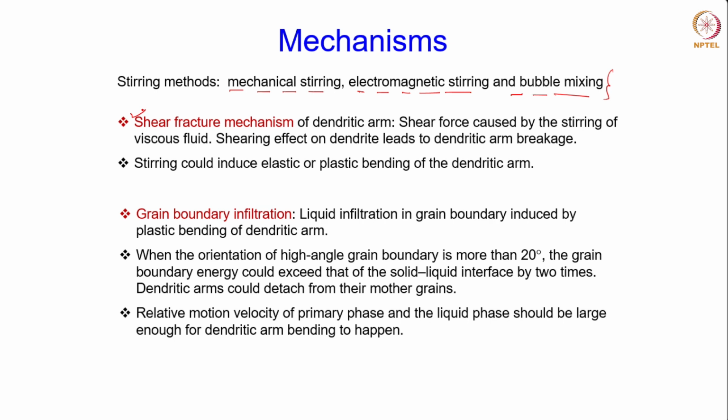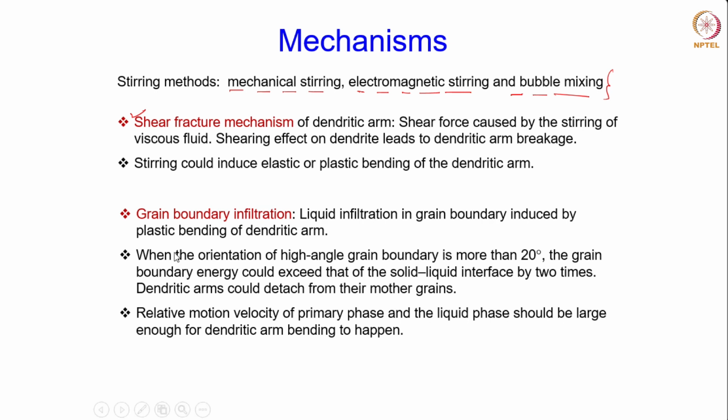So here when you stir the melt, by one of these methods, the shear force which is caused due to the stirring of this viscous fluid will lead to the breakage of the dendrites. Okay, and once that happens, these broken dendrites will now be dispersed into the melt and lead to grain multiplication.